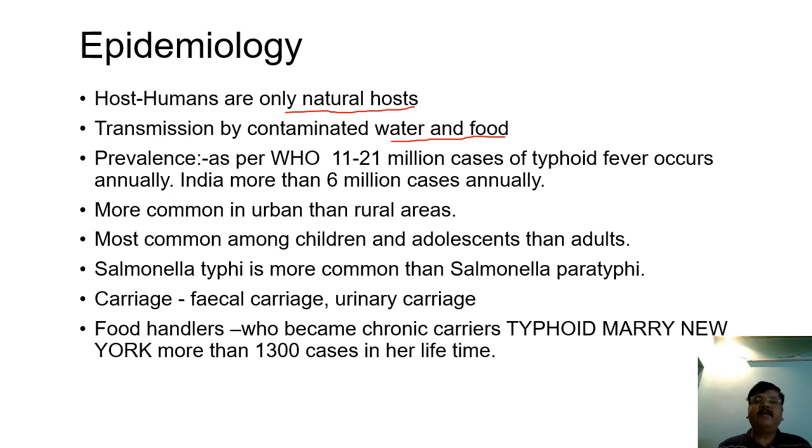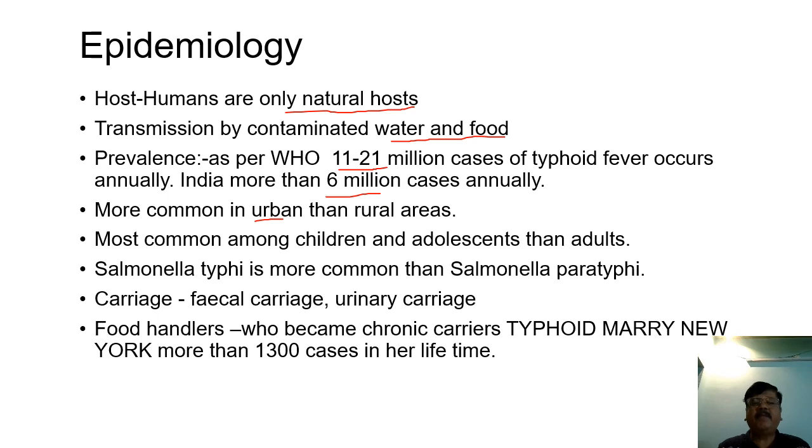As per the WHO estimates, 11 to 21 million cases of typhoid fever occur annually, and in India itself about 6 million cases are reported annually. It is an urban disease rather than a rural disease, and most common among children and adolescents as compared to adults.